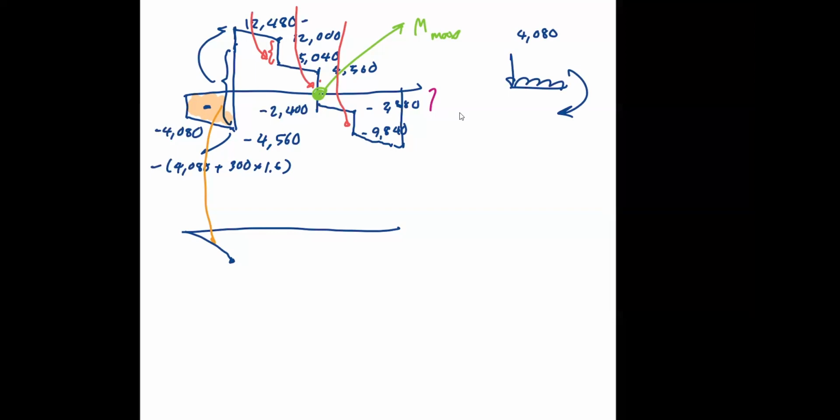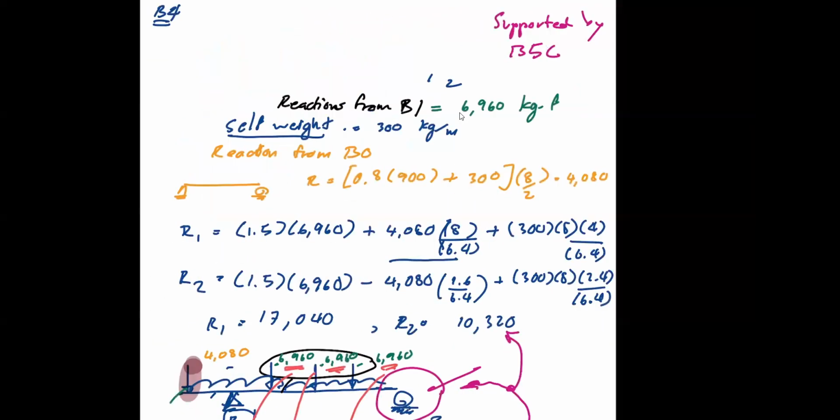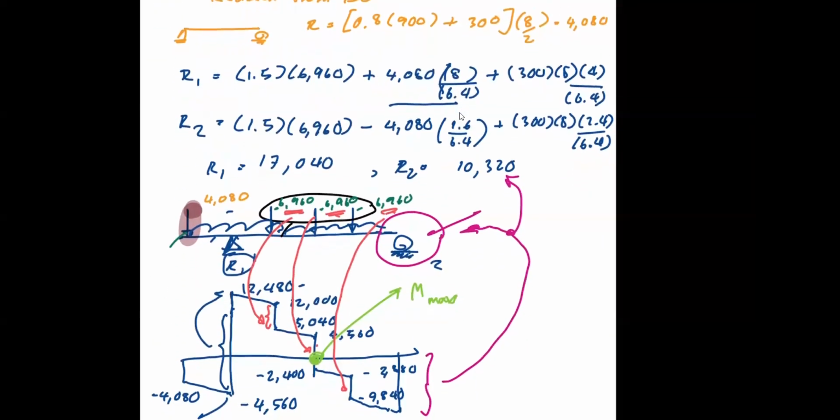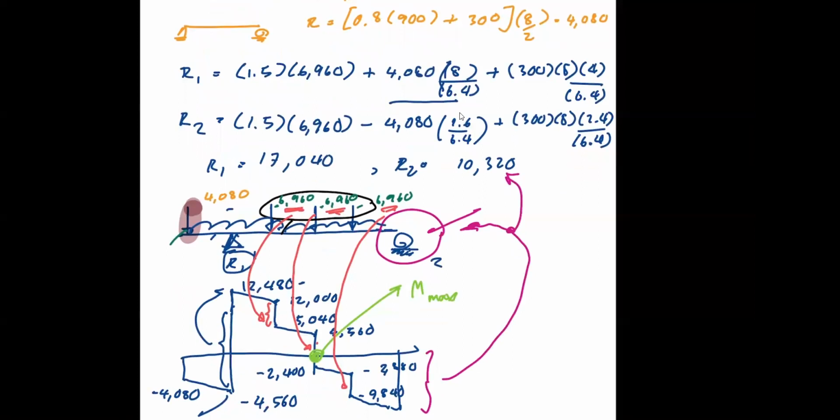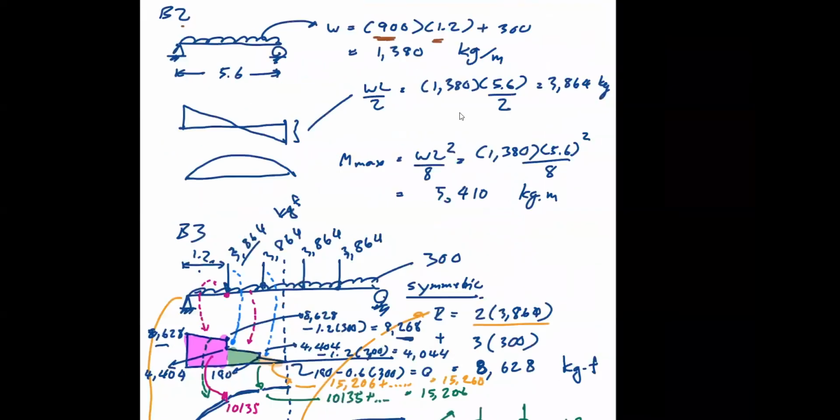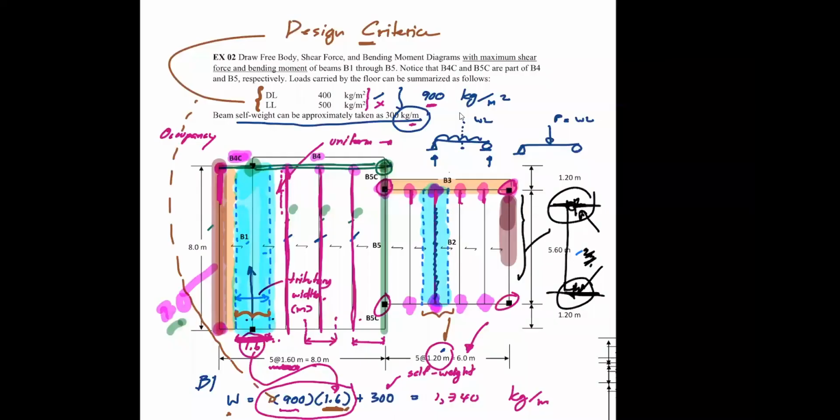Straightforward enough. And ladies and gentlemen, let me take this opportunity to underline the fact that when you have a cantilever portion like this for B4, this portion, or we can go back and emphasize this portion, it's a cantilever portion of your structure.